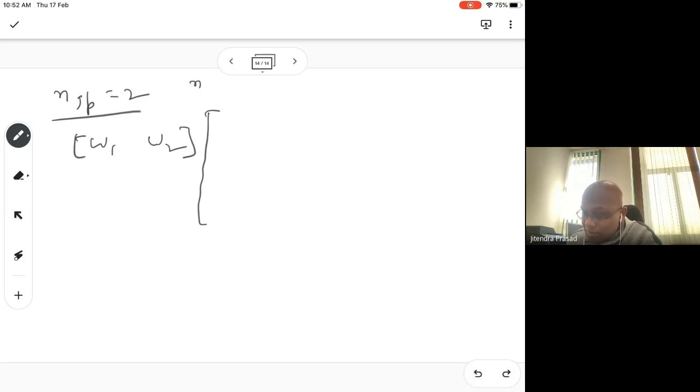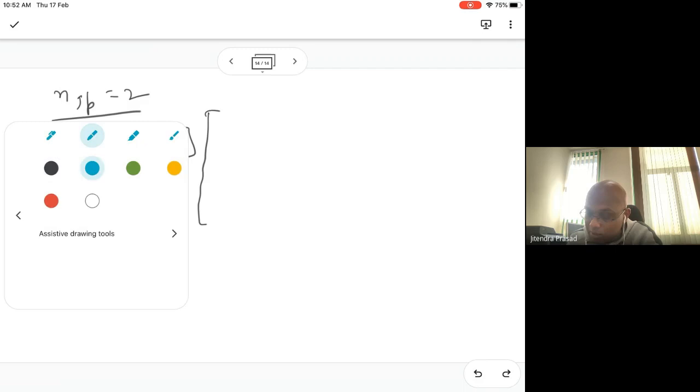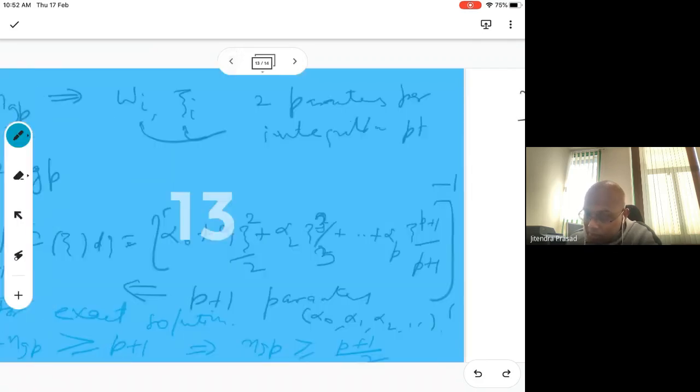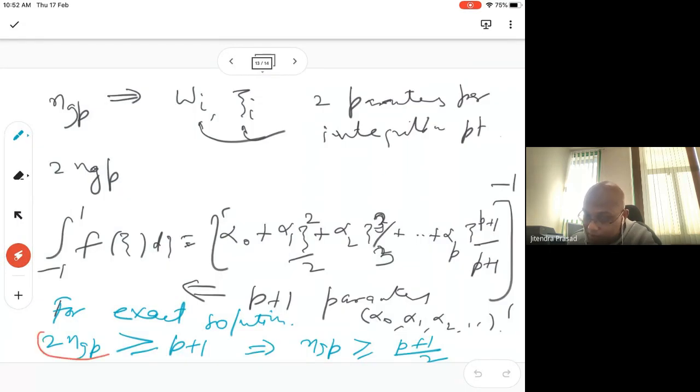So let's see the equation. What equation we got? Here it says 2 NGP is greater than or equal to p plus 1. So 2 NGP minus 1 should be the value of p.